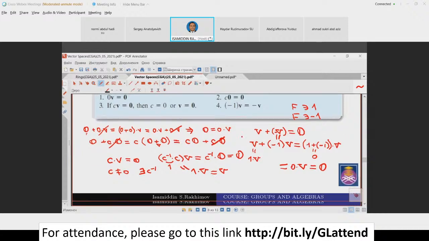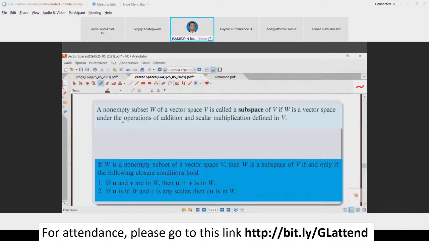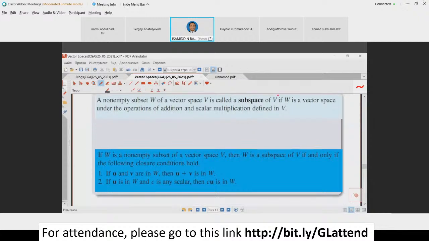Okay, so subspace. A non-empty subset W of a vector space V is called a subspace of V if it is a vector space under the operations of addition and multiplication given in V. We have two operations, addition and multiplication by scalar, the two functions. We consider restrictions of them.